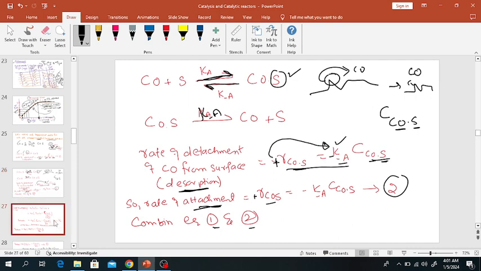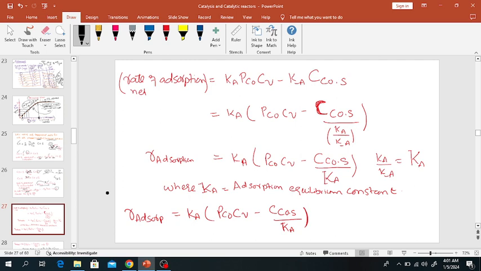So the net rate of adsorption, or the net rate of attachment of carbon monoxide on the active site, will be equal to the adsorption rate constant times the partial pressure of carbon monoxide times the concentration of vacant sites, minus the rate of detachment, the desorption rate constant times the concentration of carbon monoxide at the active site.